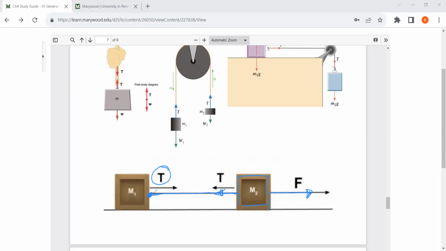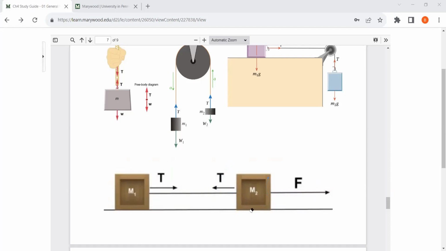If it is T, it will be the same T, but the direction will be opposite. The direction was this one, so here it will be this one. That is what the third rule tells us. So remember this.